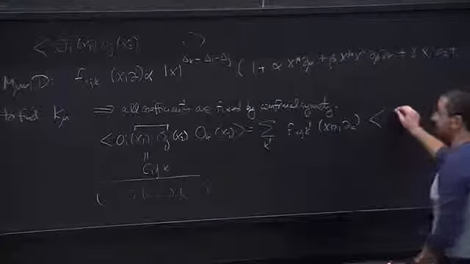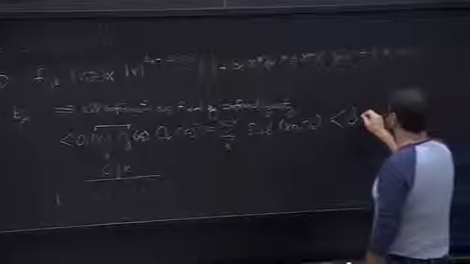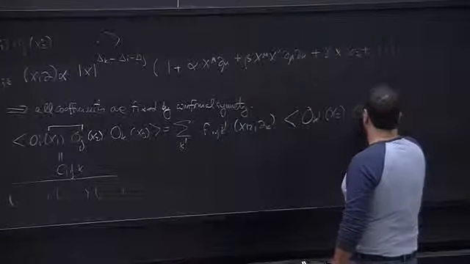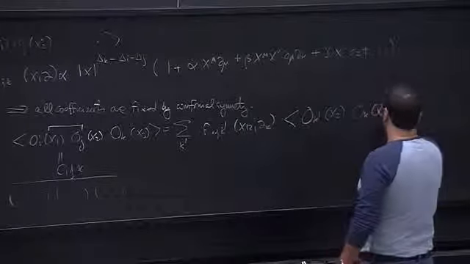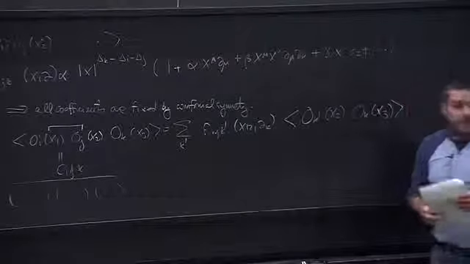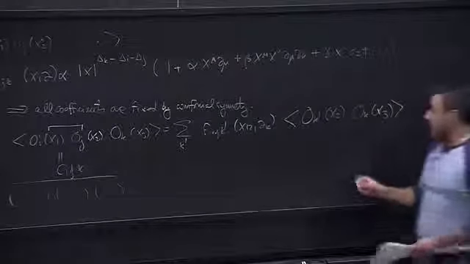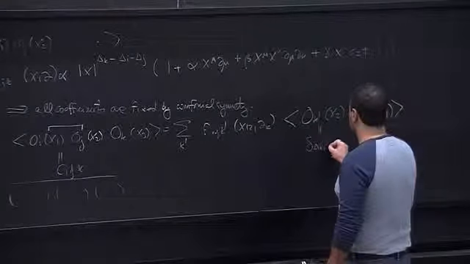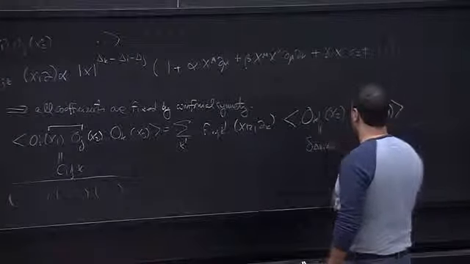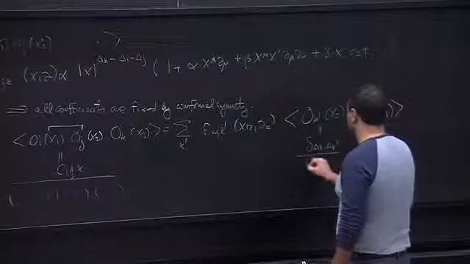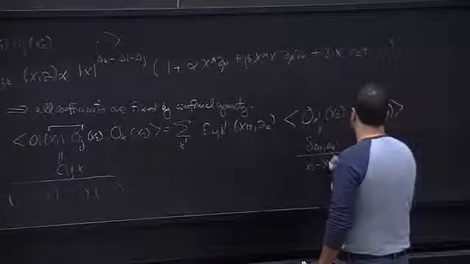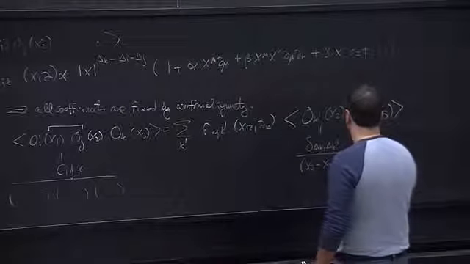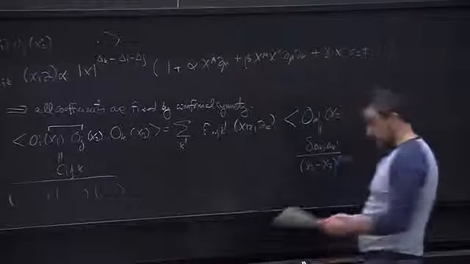So here I'm going to get the two-point function of O_k prime at x2, O_k at x3. But we also know what this guy is. This guy is essentially delta_k prime divided by x2 minus x3 to the 2 delta k, right?